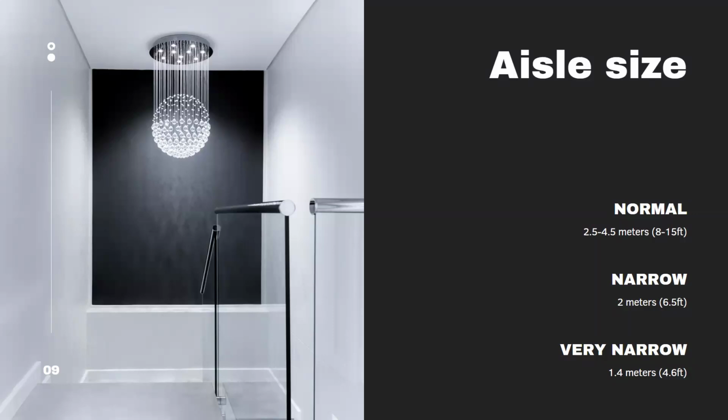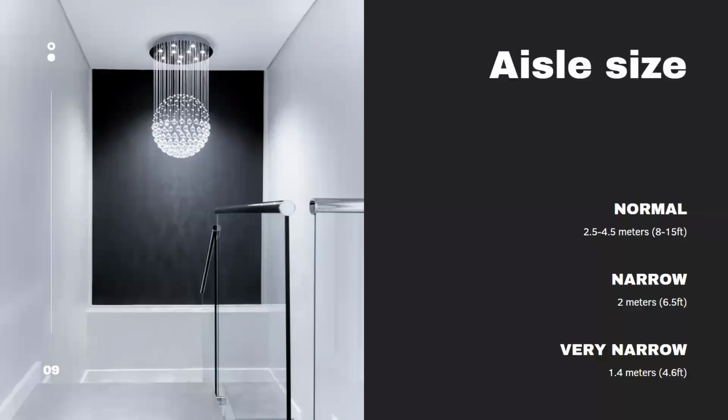Okay, normally the optimal size for the aisle would be about 1.5 times the length of the vehicle. So for a standard counterbalance forklift, as I said, its length would be about 1.5 to 2 meters. By multiplying that by 1.5, we get the size for the aisles.